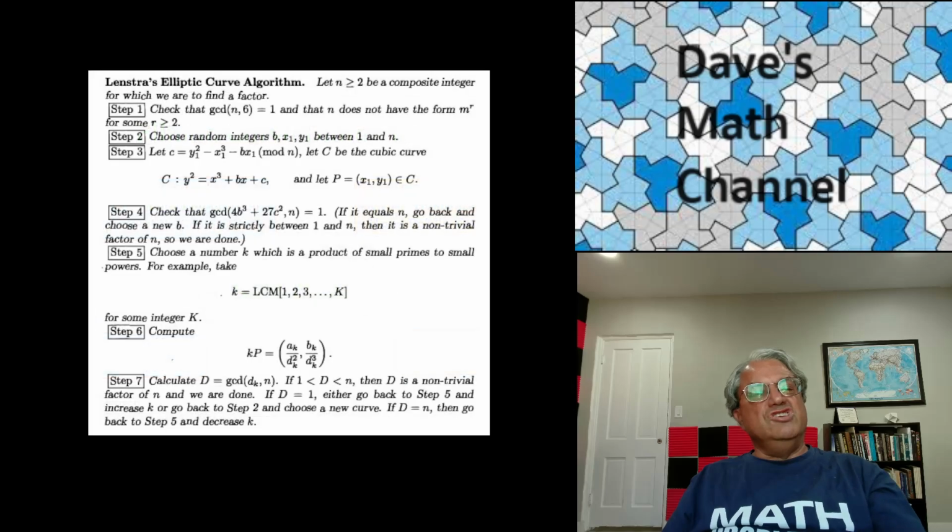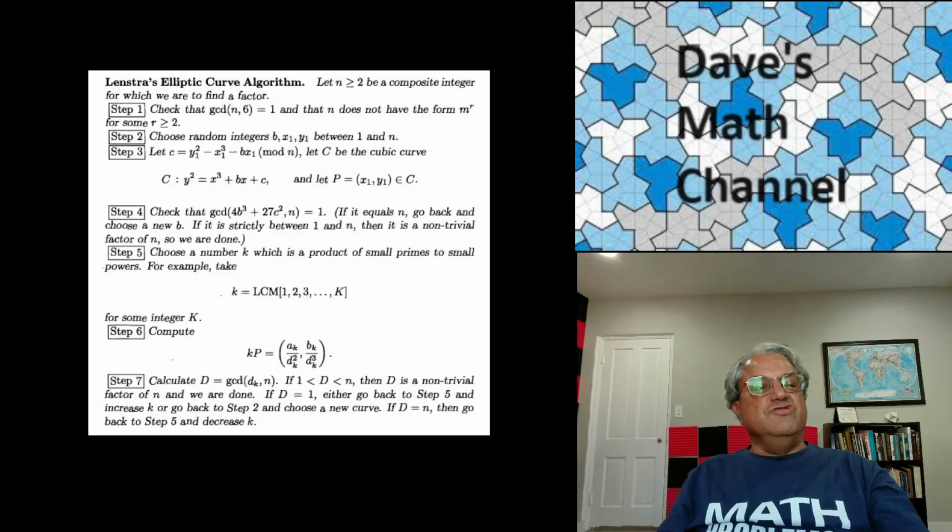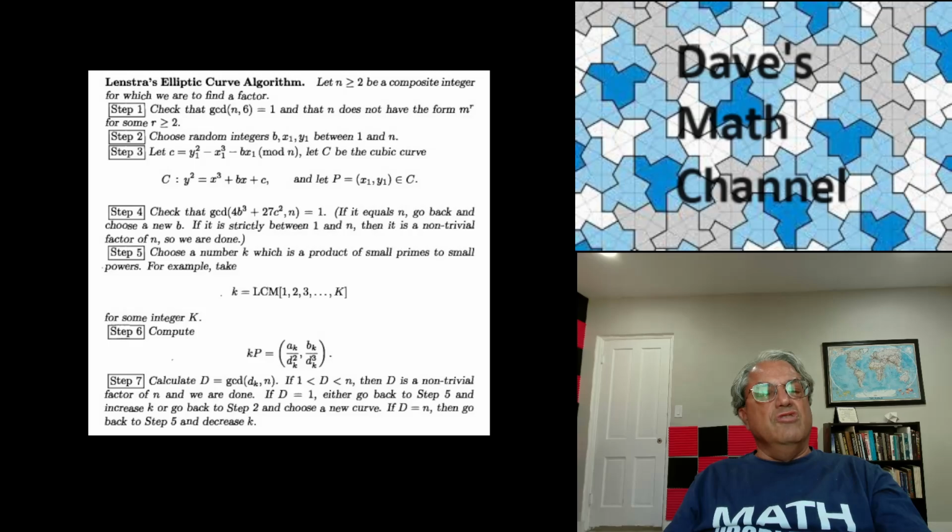And another application is factoring. It turns out there's an algorithm for factoring large numbers, discovered by my former thesis advisor, Hendrik Lenstra. This is probably the thing he's most famous for. It's called Lenstra's elliptic curve algorithm. I think he discovered it in the 1980s.